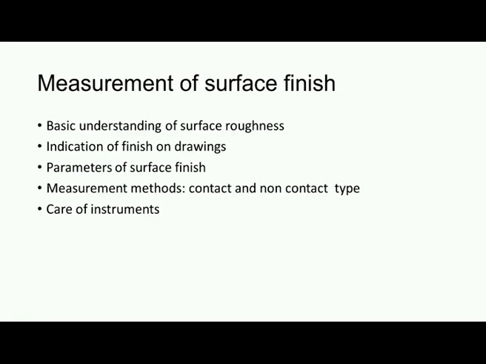And then we will move on to the different kinds of measurement of surface finish, like contact method and non-contact method, and we will also learn some offline methods and in-process gauging of surface finish, and then we will move to care of instruments.